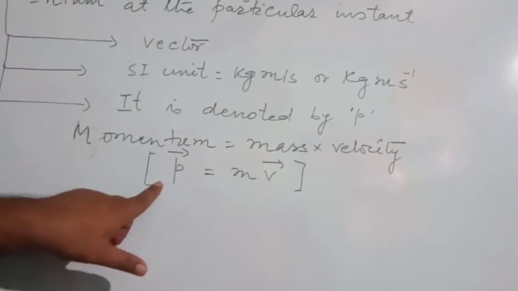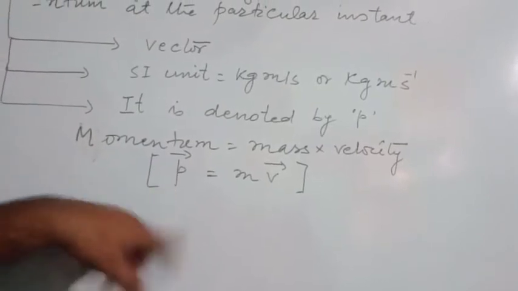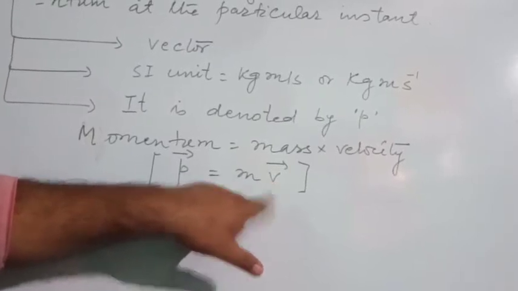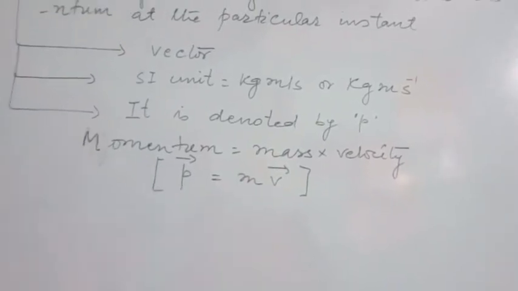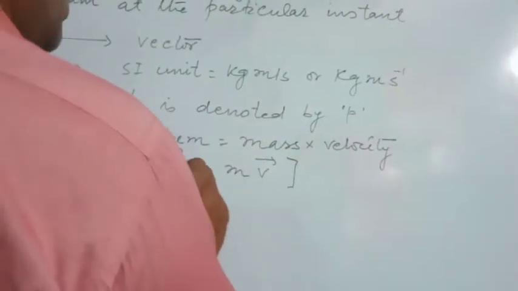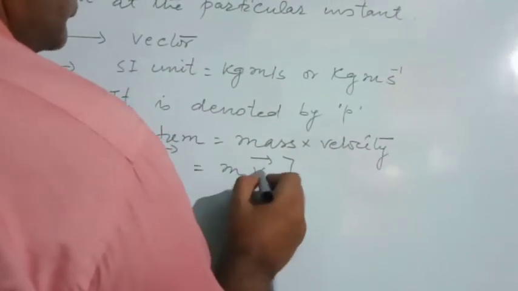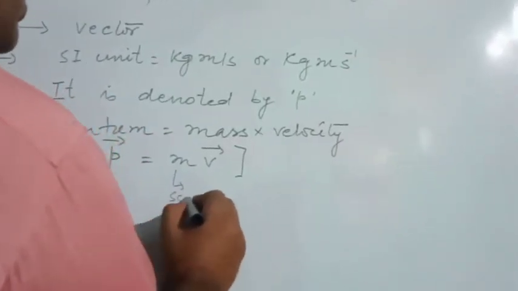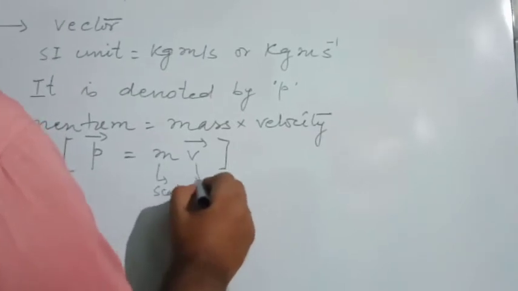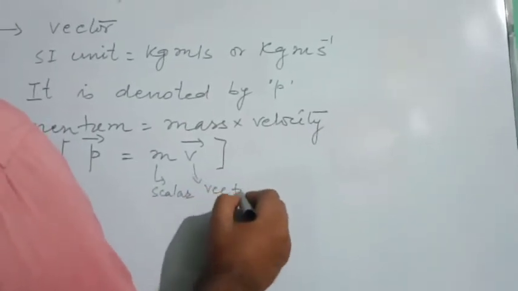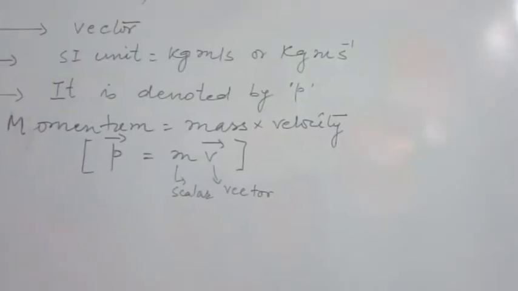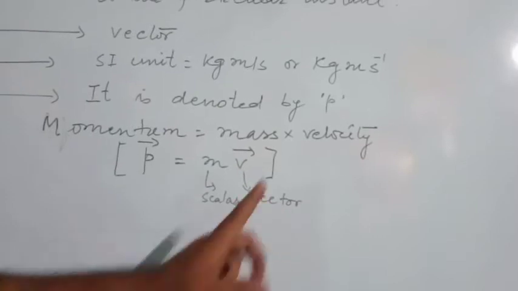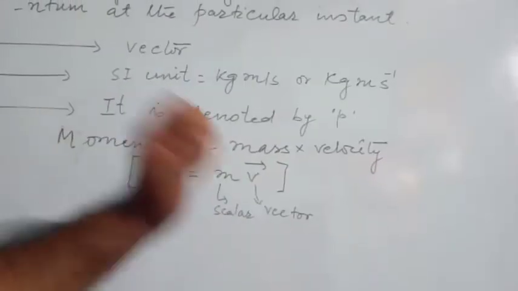This arrow sign shows that momentum is a vector quantity. Velocity is also a vector quantity, as you know. Mass is a scalar quantity. Here momentum is the product of mass and velocity. As you know, mass is a scalar quantity and velocity is a vector quantity, and the product of a scalar quantity and a vector quantity is always a vector.